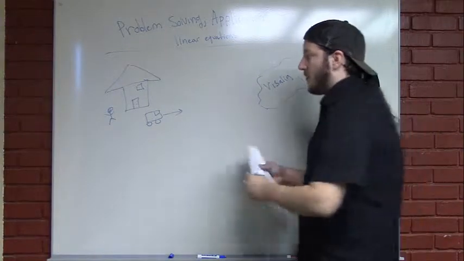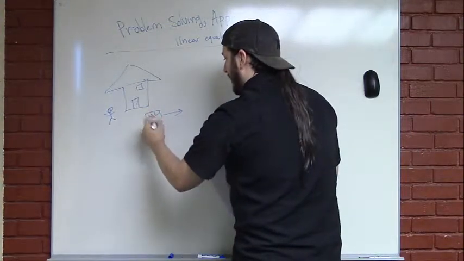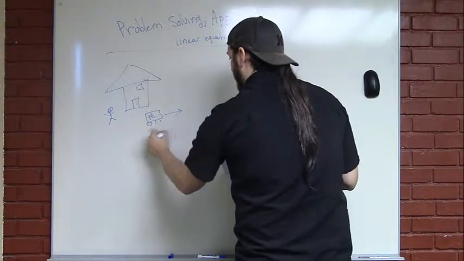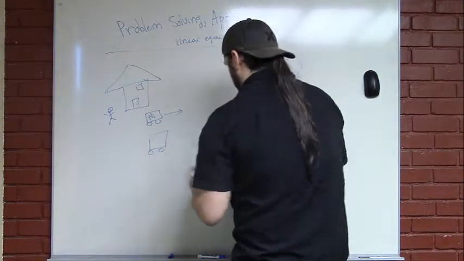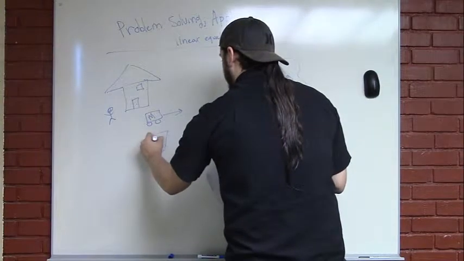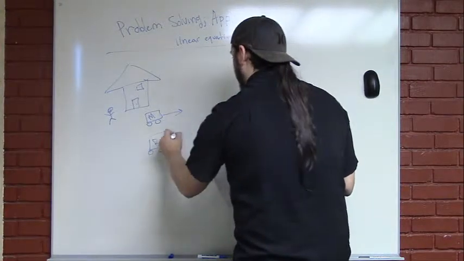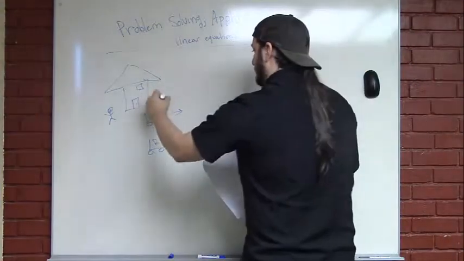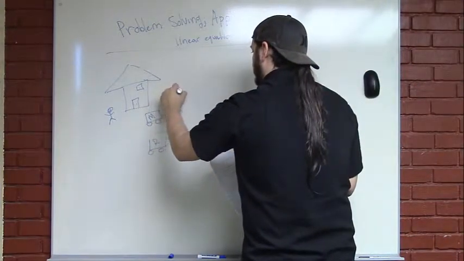So Michelle, I'm going to put a big M on this since that's for Michelle, because there's going to be another car here which is going to be Rosa. So we'll make that an R. Okay? So Michelle, she's going 70 miles per hour.